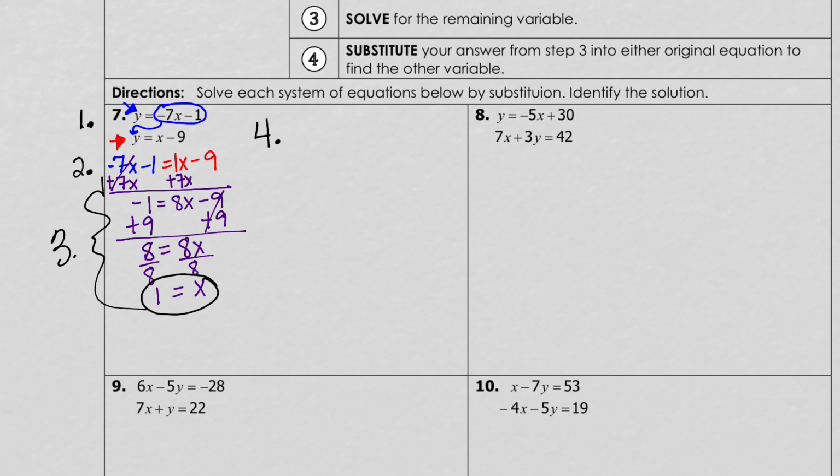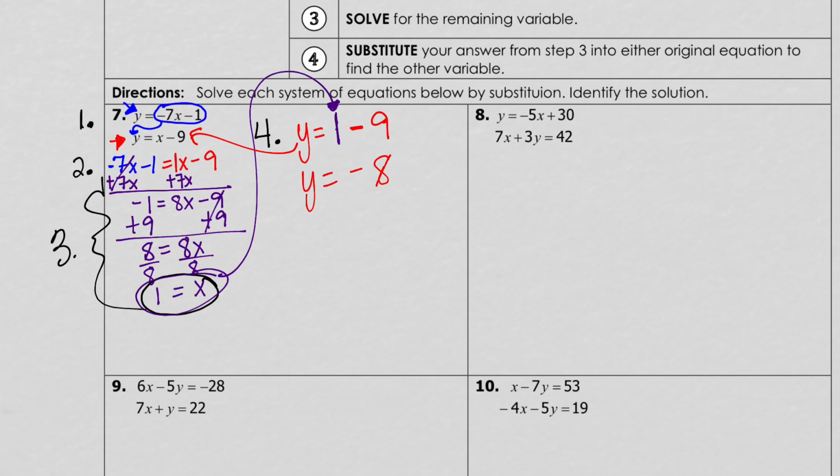We'll have y equals 1 minus 9. So my 1 came from down here into the equation. The red is from this equation over here. Okay? So we're going to have 1 minus 9, and we are going to get y equals -8.